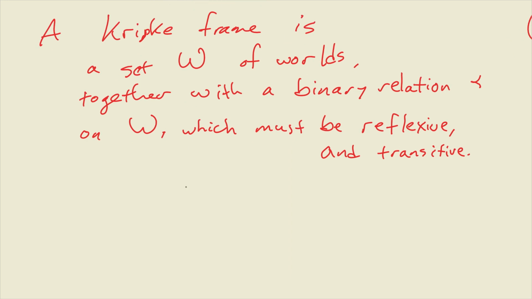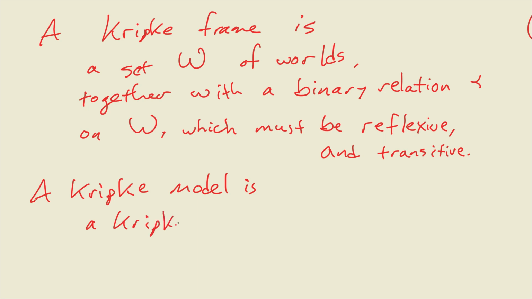Now we need to say what's true and false at the various places in the worlds. So I'll follow what Mints has here in A Short Introduction to Intuitionistic Logic, his book. So a Kripke model is a Kripke frame, so you get sort of the structure of your universe, together with a valuation function that's going to tell you what's true and false.